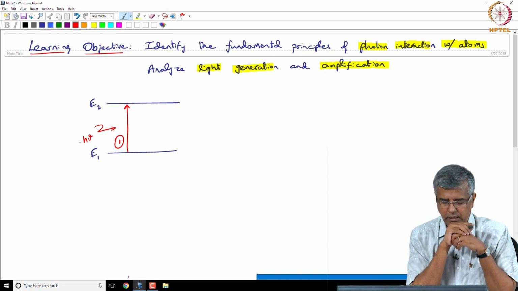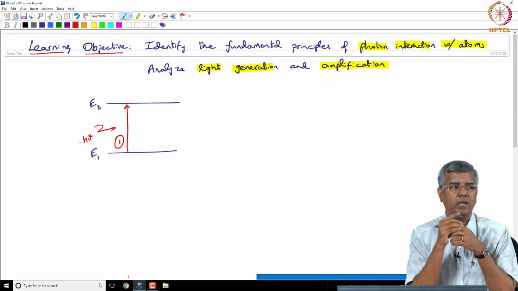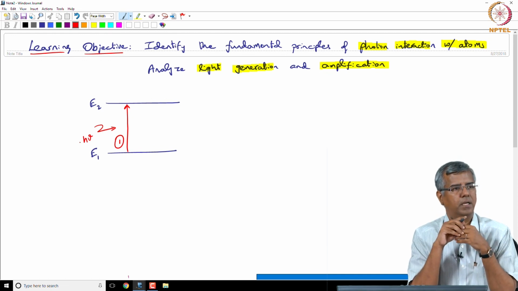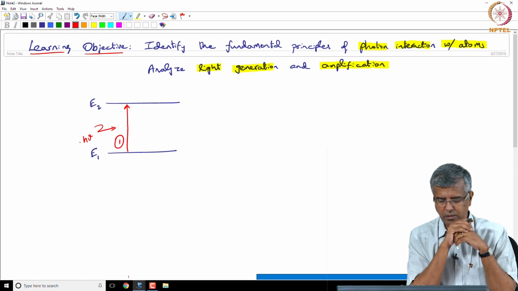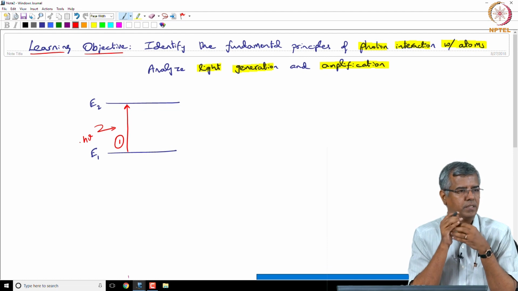Now, that energy cannot stay in E2 forever, because it's one of the higher orbitals. It is what you call a metastable state, so it has to give up its energy, okay.